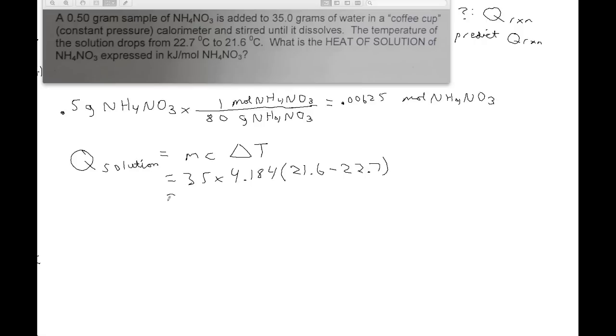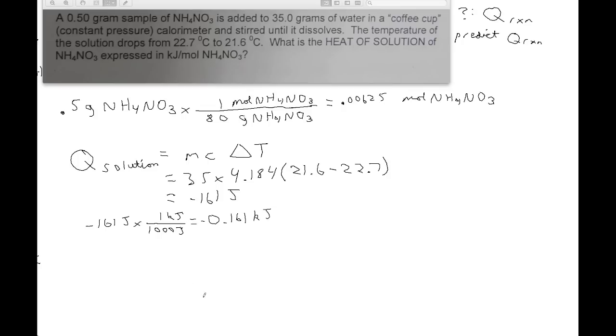So now we have 35 times 4.184 times negative 1.1, and we get negative 161 joules. Now we can divide this by 1,000 to get kilojoules, and that is equal to negative 0.161 kilojoules.